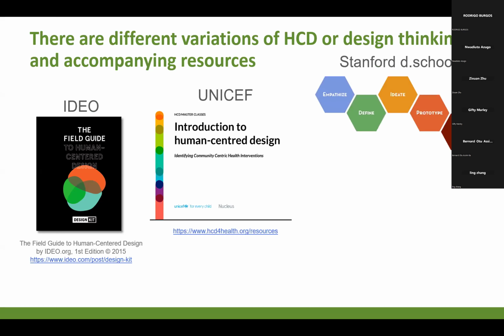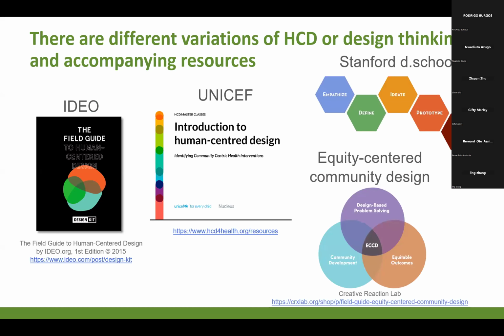And then, of course, we have the famous Stanford Design School design thinking process and tools. There are 5 steps here. And finally, this came a little bit more recently, I think in 2018. The Creative Reaction Lab presented this and made a guidebook on equity-centered community design.